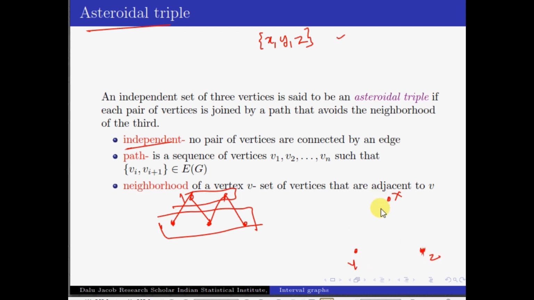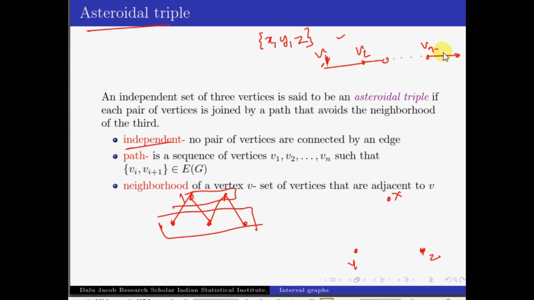Now let us see the second condition. The second condition is that each pair of vertices should be joined by a path. So what do you mean by a path? A path is a sequence of vertices v1, v2, etc., vn such that vi and vi plus 1 are adjacent. So it is a sequence of vertices like this: v1 will be there, v2 will be there, etc., vn minus 1 will be there, vn will be there.